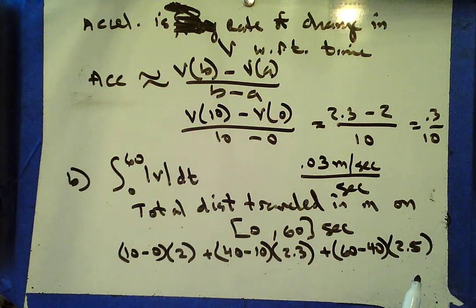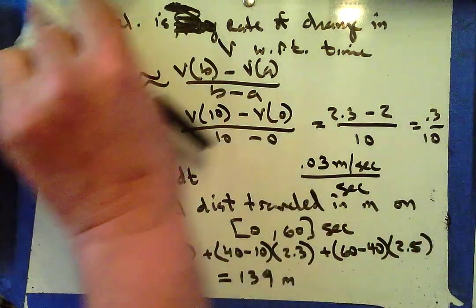This is without calculator. I would probably recommend that you leave it here, but if you really can't help yourself, you should get 139 meters when you actually go through that and figure it all out.